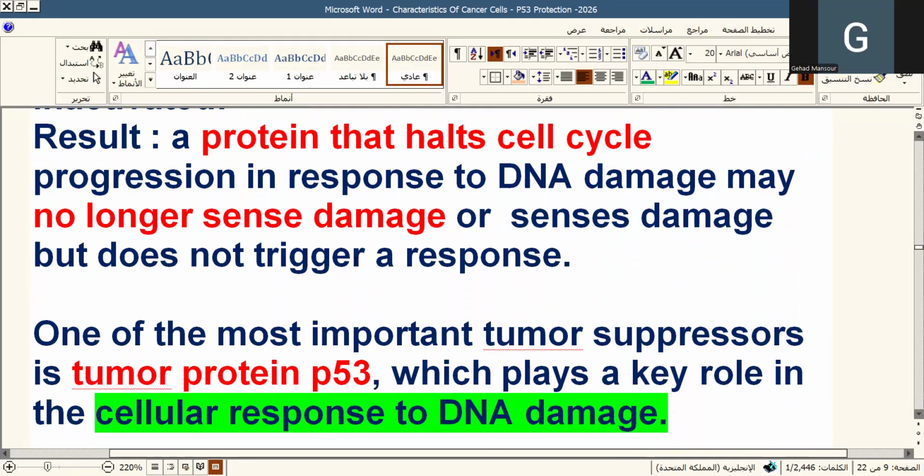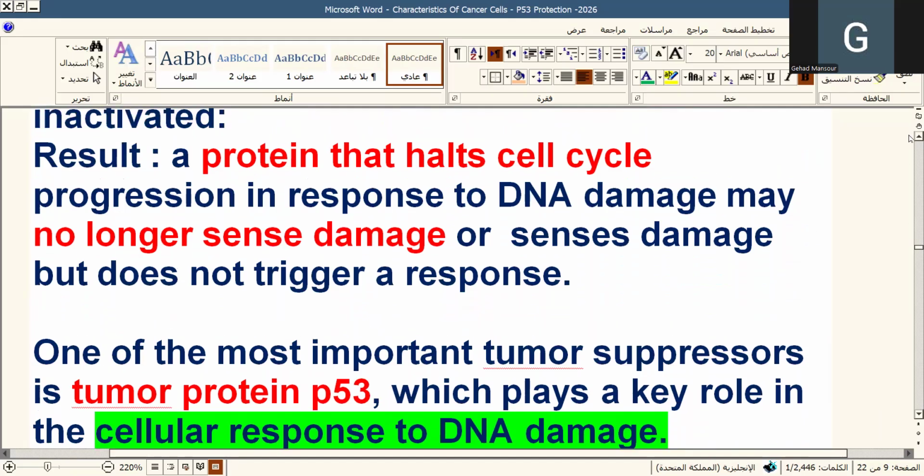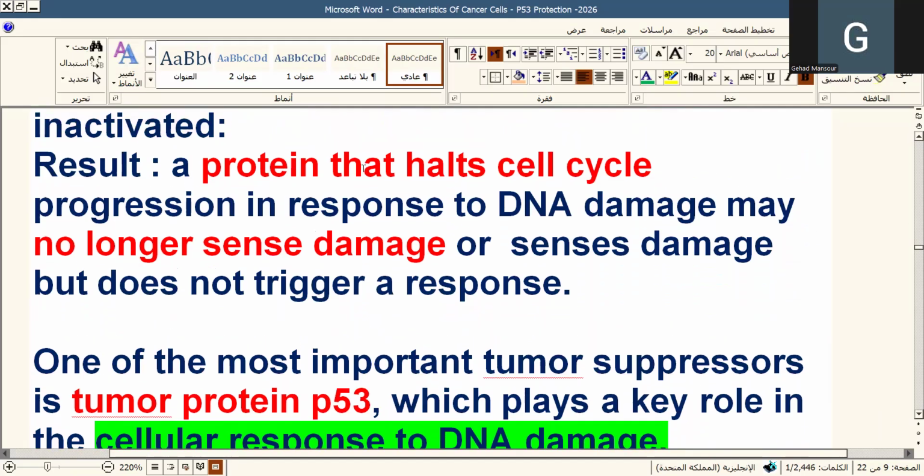So if the tumor suppressors are inhibited, then those tumor suppressors were supposed to bind with a protein that stops the cell cycle and prevents progression in response to DNA damage.